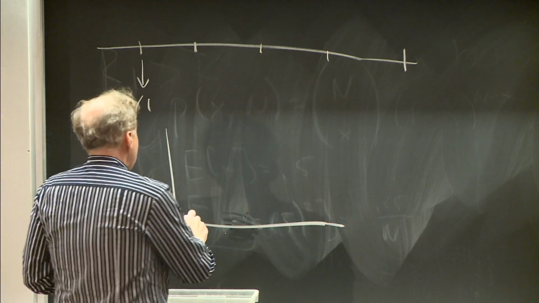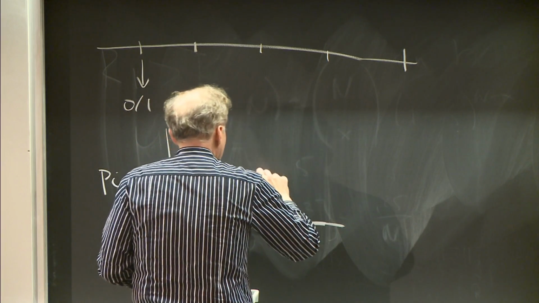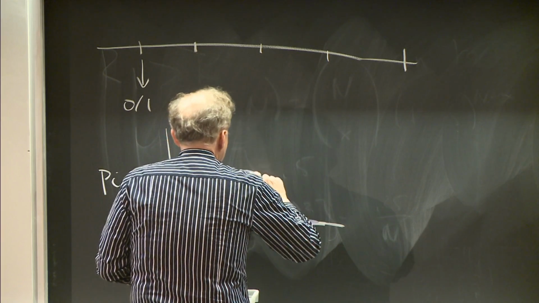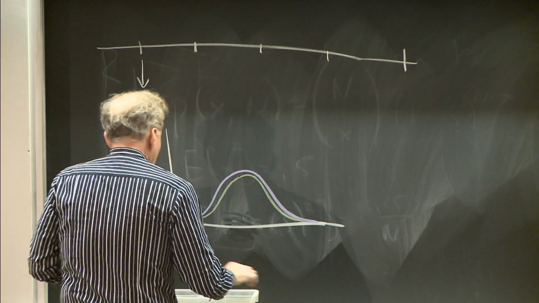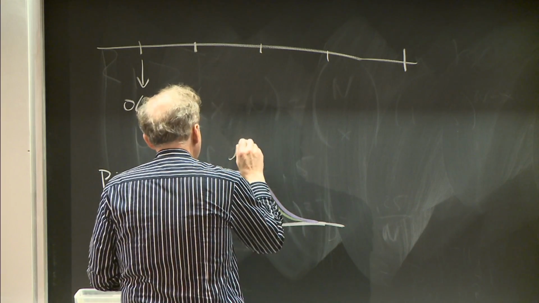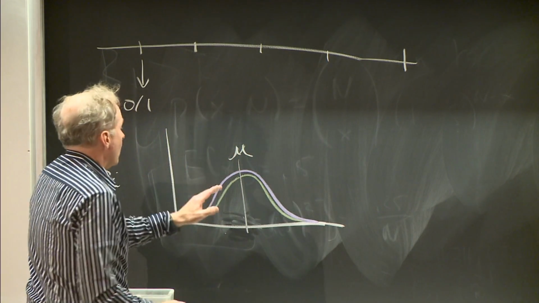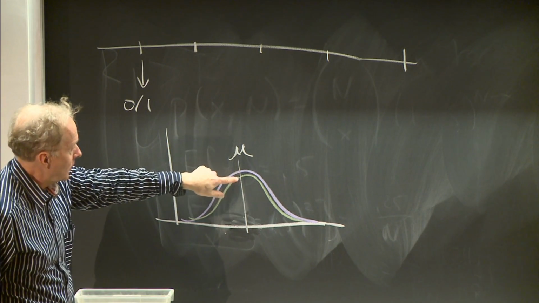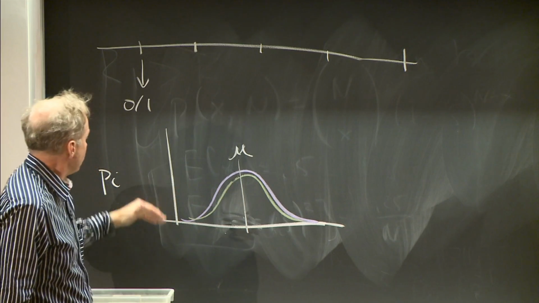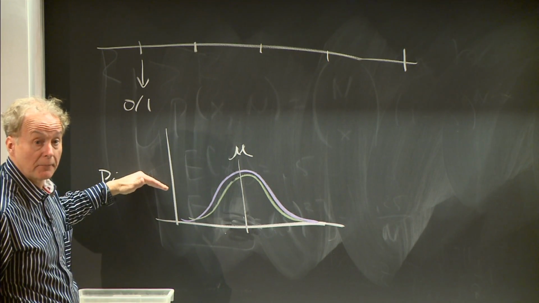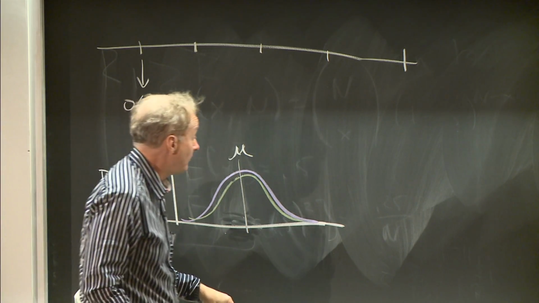It could be that here are all the individuals where the marker is 0, and here are all the individuals where the marker is 1. And really, fundamentally, whether an individual has a 0 or a 1 marker doesn't really change its growth rate very much. Okay? It's more or less identical.